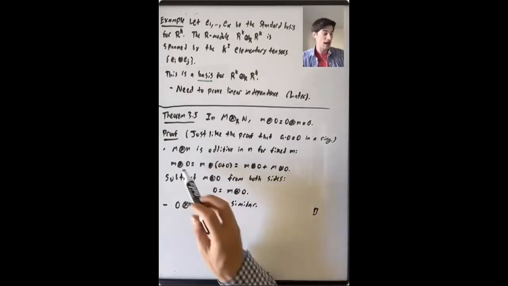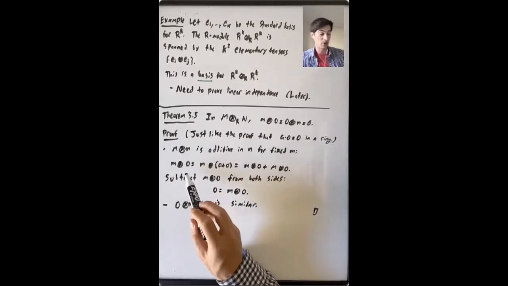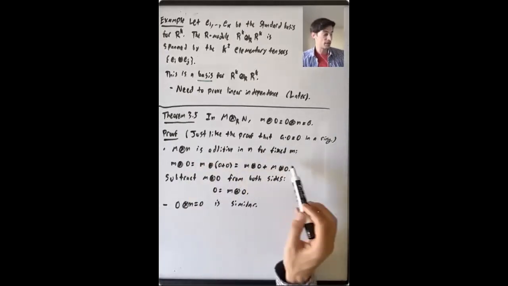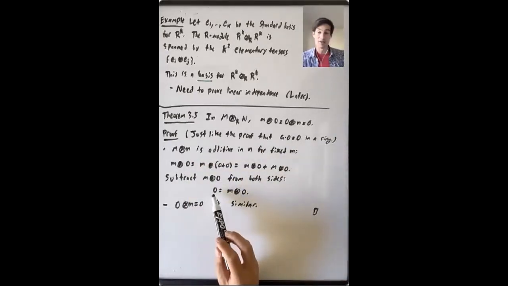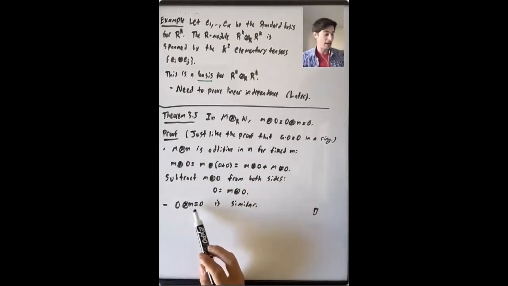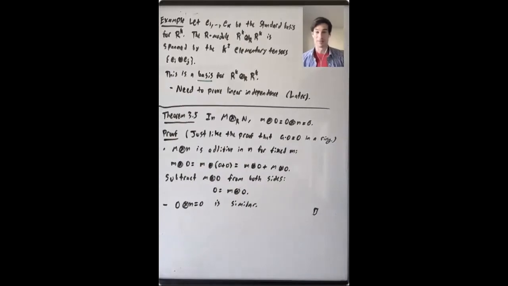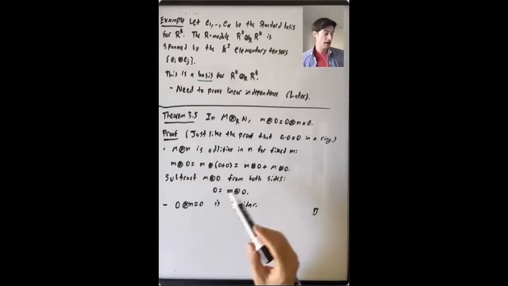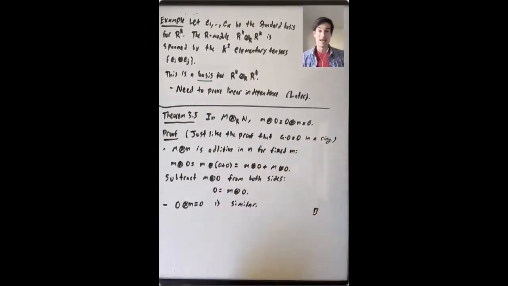So now we can subtract the element of our R module, m tensor 0, from both sides. And we see that 0 is equal to m tensor 0. Showing that 0 tensor n equals 0 is very, very similar. So this is the kind of argument that is very similar to something we've already seen. And now we're just rephrasing it in this new language of tensor products.